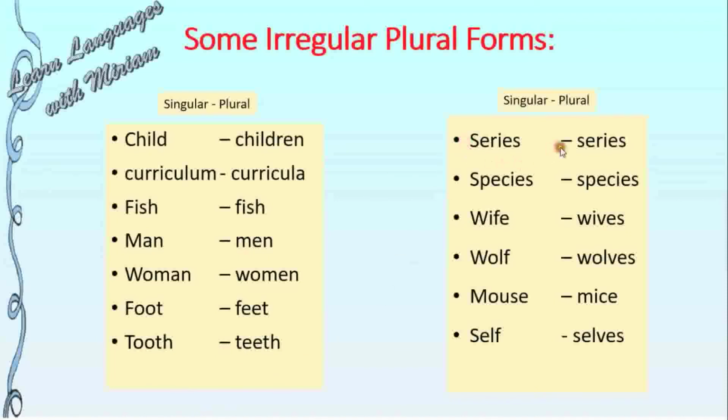Species, species. Wife, wives. Wolf, wolves. Mouse, mice. Self, selves. As you can see, some of them don't change. Como podéis ver, algunos de ellos no cambian.